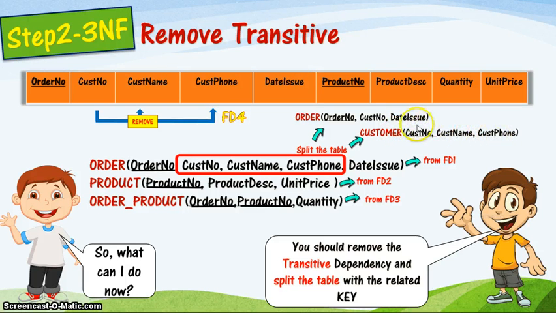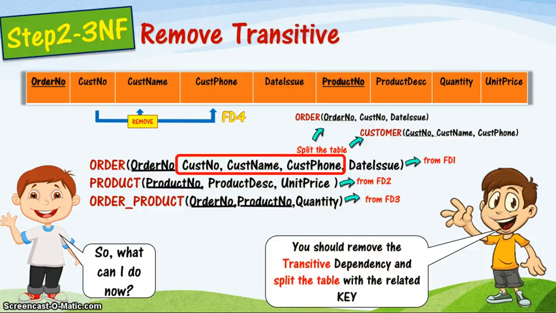Put customer number as the new primary key, and in the order table, with order number and date issue, just leave the customer number as a foreign key. Alright, this is how to split the table from the transitive in the order table.